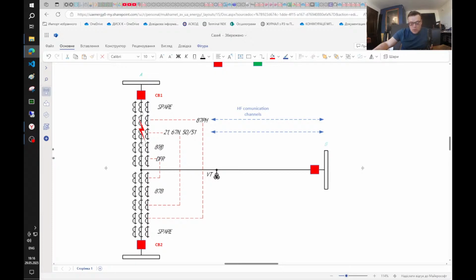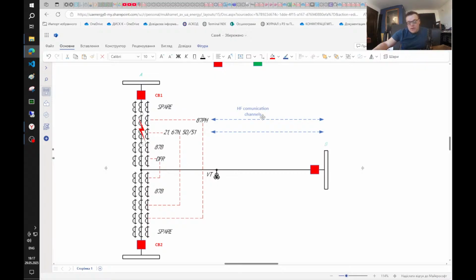Here on that core is connected the bus bar protection of this bus, and here the bus bar protection of that bus. As main protection we have phase differential protection, and also backup protection with distance, earth fault, and instantaneous and time overcurrent.